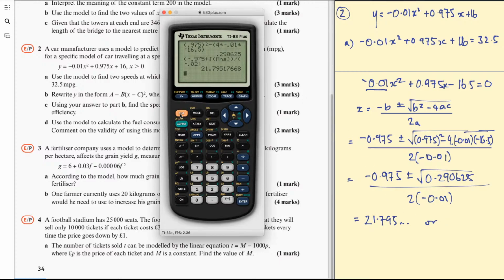And then let's do the negative. Now I'm actually going to have to enter that in, because otherwise it'll use the answer from the previous one. 0.290625. Oops, I forgot to change that to a negative.